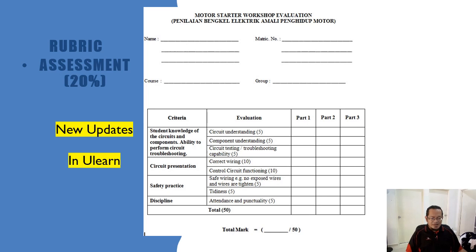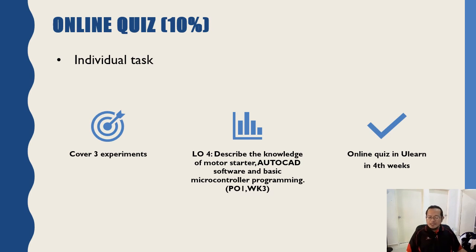Attendance and punctuality, I think this is pretty much if you attended the briefing. And if you do the quiz, basically we'll take that as part of your attendance. Individual task, online quiz. We will cover 3 experiments. You'll be asked very short questions on the things that you have done, and also partly based on the briefing that the instructor will give you.